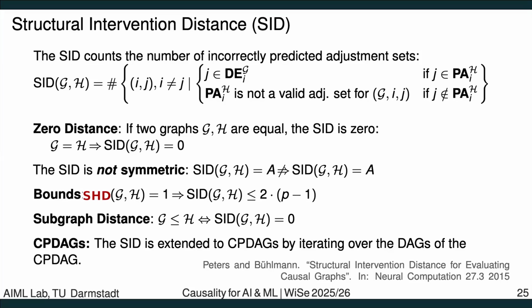I'm not sure if it's exponential, I think it is. But you can iterate over all the DAGs and check all the independency statements. It's even worse in terms of runtime, but at least you can compare your graphs recovered by a causal discovery algorithm from observational data to the true graph if you have it.